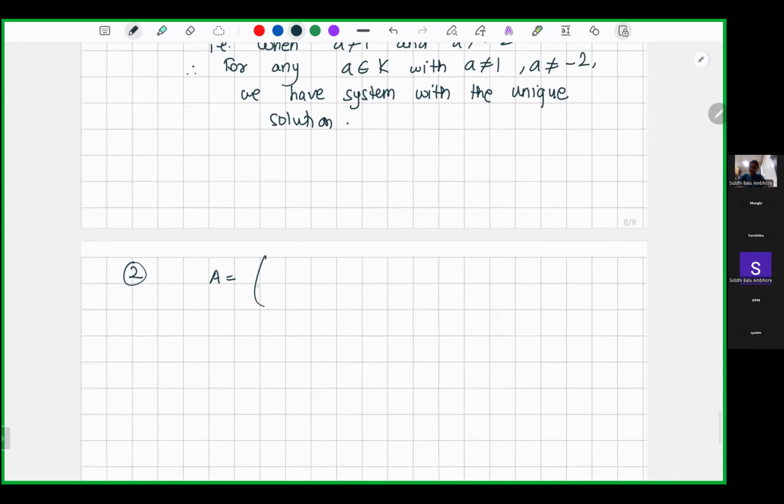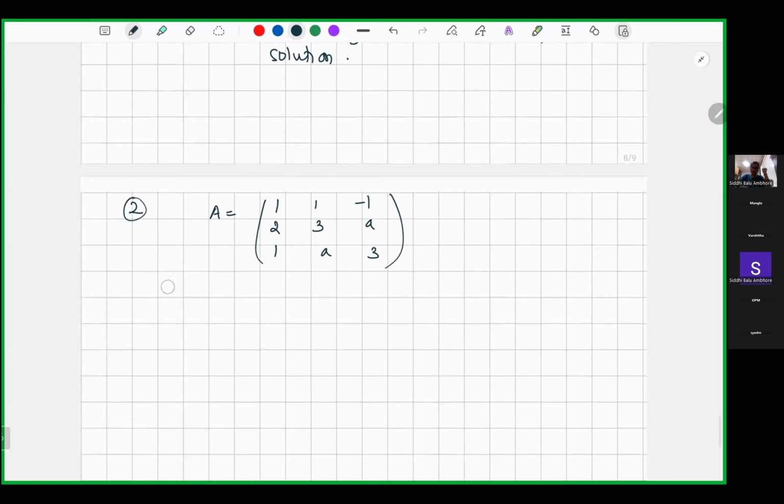For the second one, A is 1, 1, minus 1, 2, 3, A, and 1, A, 3. And now the determinant of A in that case is 9 minus A square.